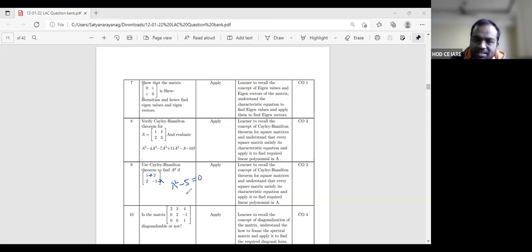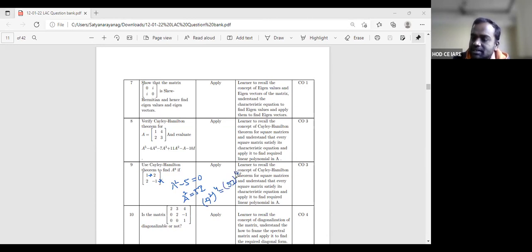So lambda squared means we can write A squared minus 5i, so A squared is equal to 5i. This satisfies the Cayley-Hamilton theorem. Here we require A to the power of 8, so we can write (A squared) to the power of 4 is equal to (5i) to the power of 4.